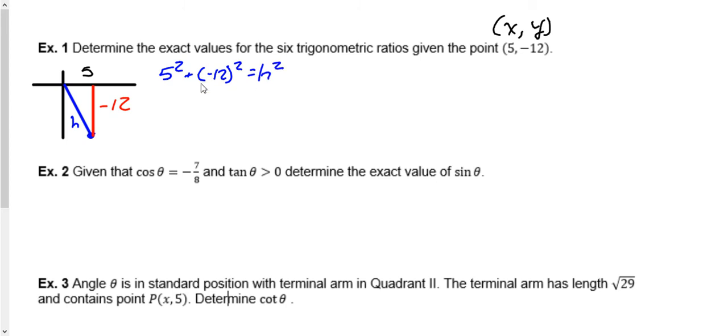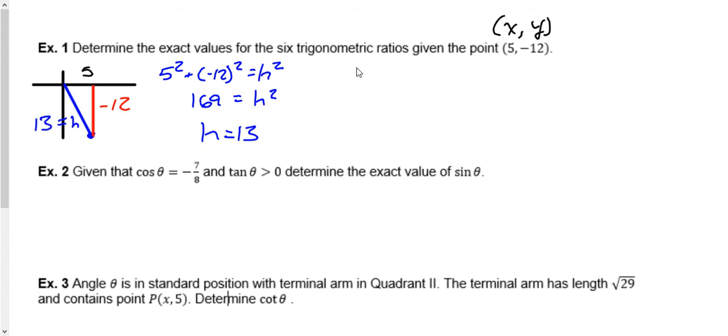And here 5 squared plus 12 squared is 169, so you have 169 equals h squared, and h by itself, if you square root both sides, h is now equal to 13. Now that I have 13, let's figure out some of our ratios. And of course I'm just going to also fill in 13 in my diagram over here.